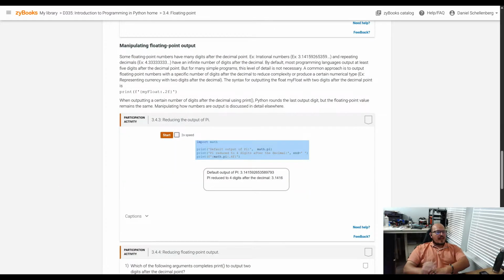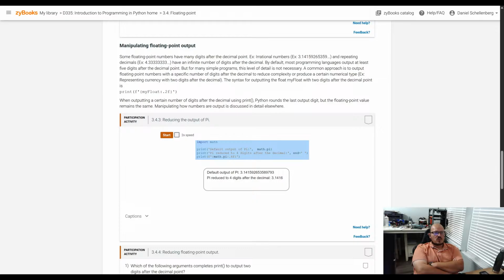Manipulating floating point output. Some floating point numbers have many digits after the decimal point. Example, irrational numbers, such as 3.141 and so on, and repeating decimals, such as 4.33333, have an infinite number of digits after the decimal.